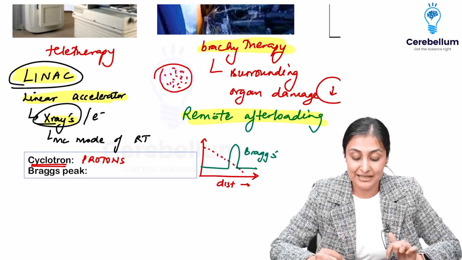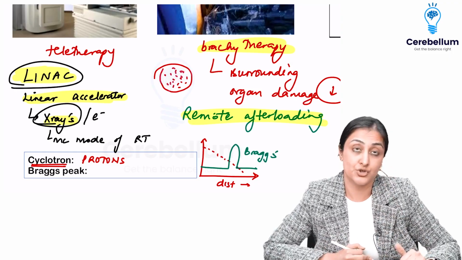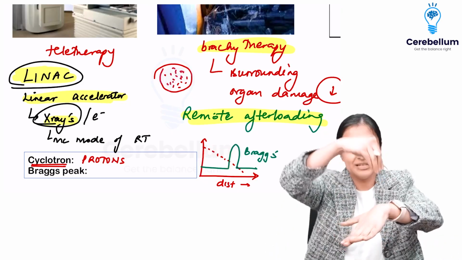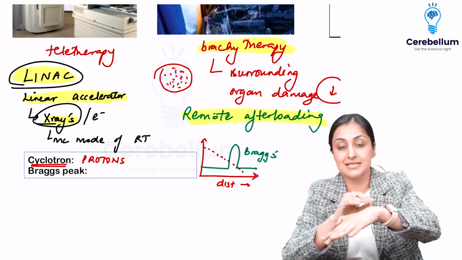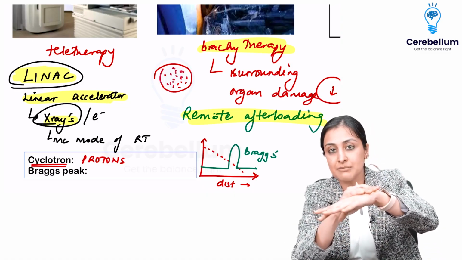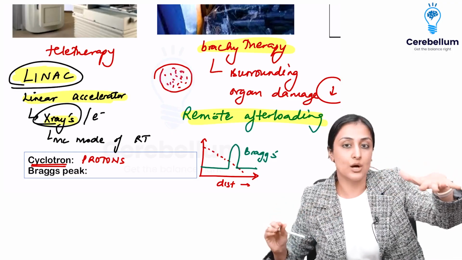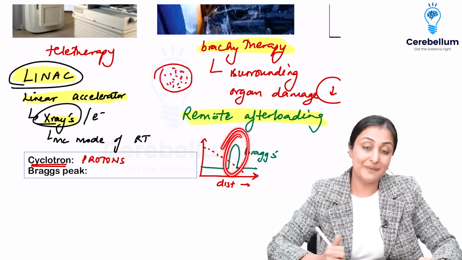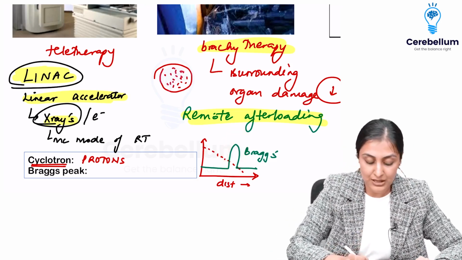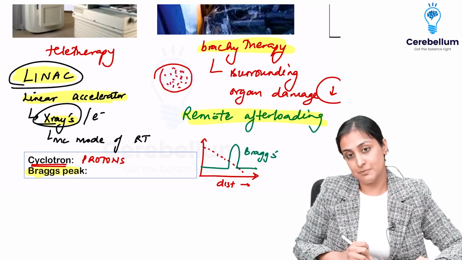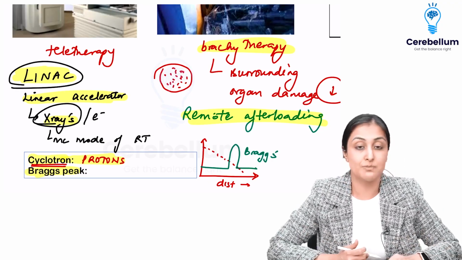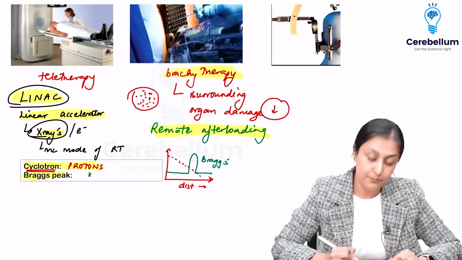They are very effective deep into the tissue, meaning less surrounding organ damage. For example, normally if I give gamma rays through my skin here, skin will have maximum radiation and then it travels down. But protons have no superficial damage. They're going to have their peak deep into the tissue, and that is called Bragg's peak. So both are questions: cyclotron producing protons, Bragg's peak property of protons.